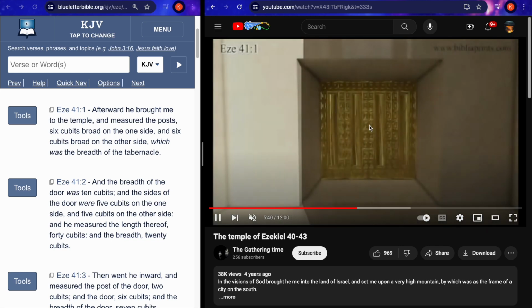So here you see the door, and as we read in Ezekiel 41:1, afterward he brought me to the temple and measured the posts 6 cubits broad on the one side and 6 cubits broad on the other side, which was the breadth of the tabernacle. You can see this showing it here, right? You got the left post, the right post, 6 cubits long, 6 cubits long.